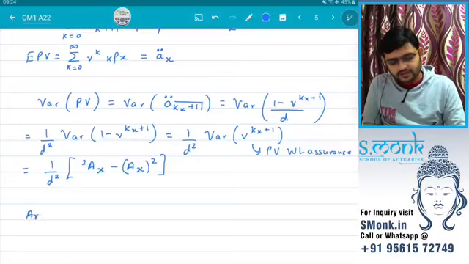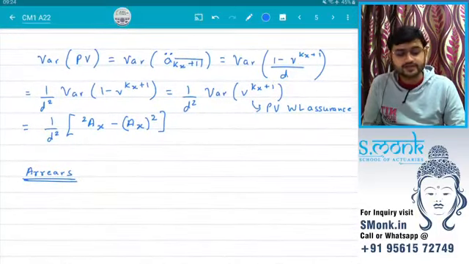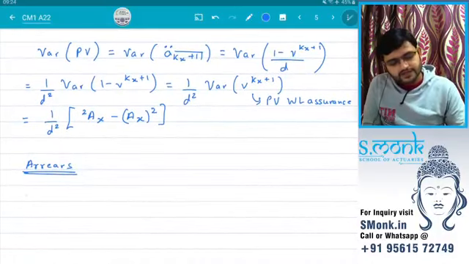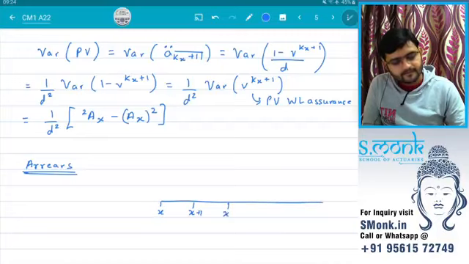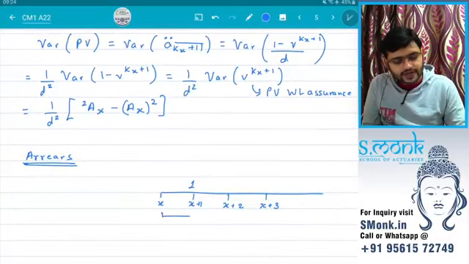Let's talk about arrears. Whole life assurance in arrears, whole life annuity in arrears. So in arrears, payment would definitely be 1 for anybody who survives the first year.